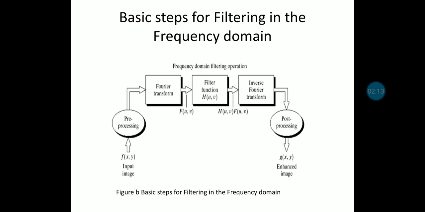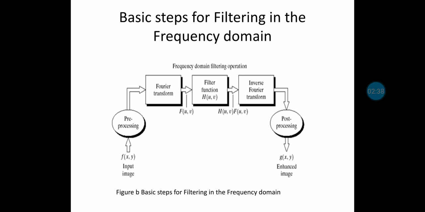As I said, filtering in the frequency domain is nothing but modifying the Fourier transform of the image. So the input image f of x comma y is pre-processed and fed to the Fourier transform block, wherein we obtain the Fourier image of the input image, which is represented by f of u comma v.